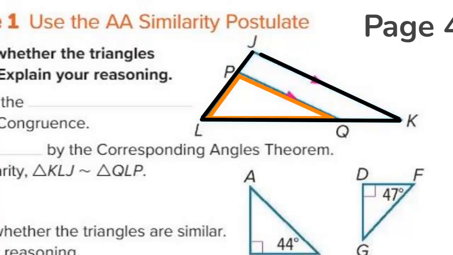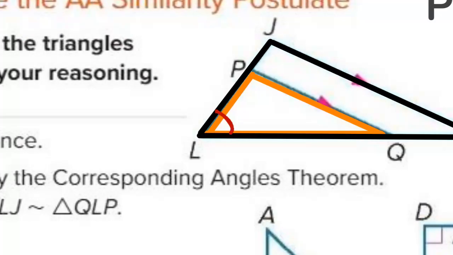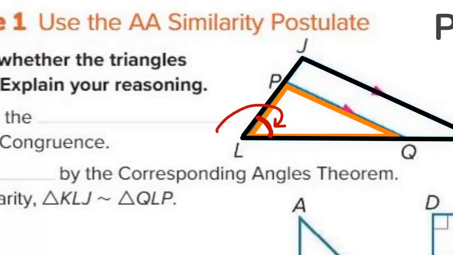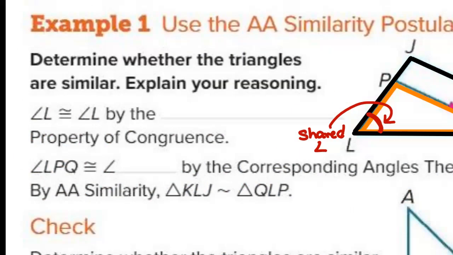And similar to our warm-up problem today, I noticed that these two triangles have a shared angle, angle L. Because it's part of both triangles, we can say it is congruent to itself.